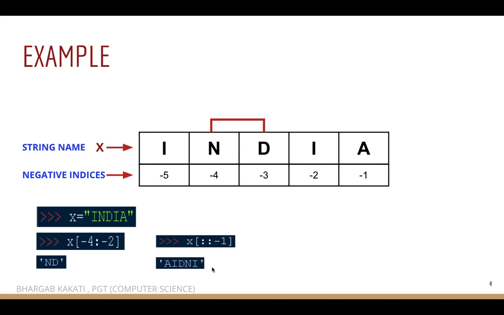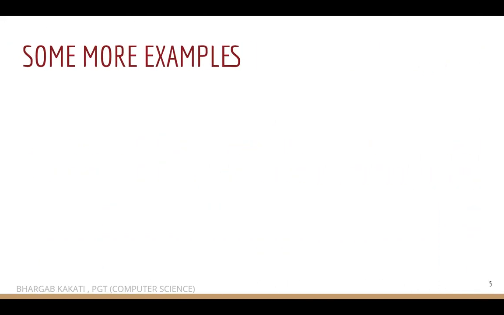It has simply reversed the string. So the syntax string name [::-1] is used for reversing a string. It comes quite handy many a times while programming for certain big programs like checking for a palindrome and stuff like that. So you should remember this syntax, the shortcut trick for reversing a string.